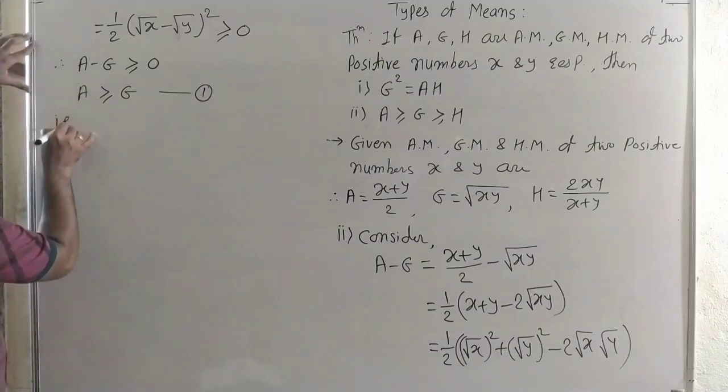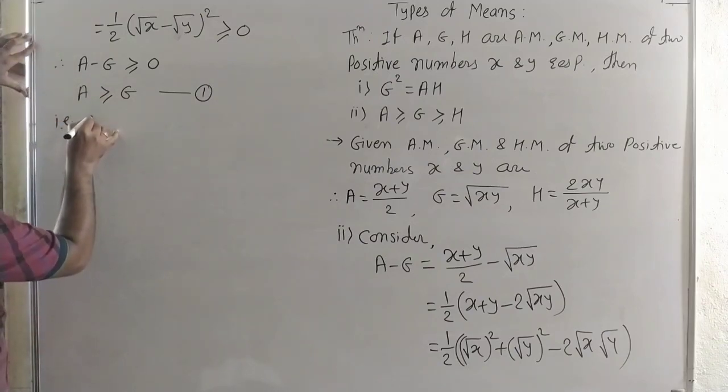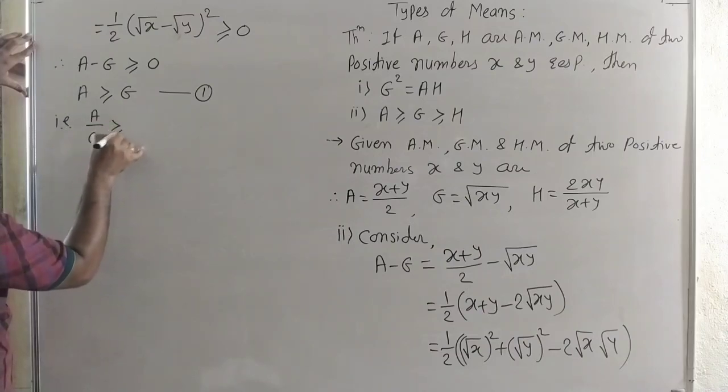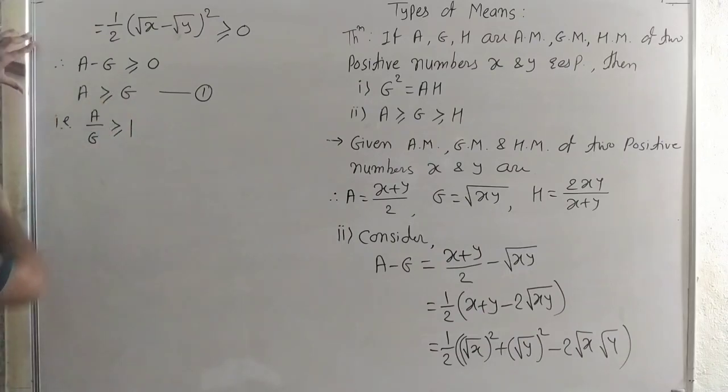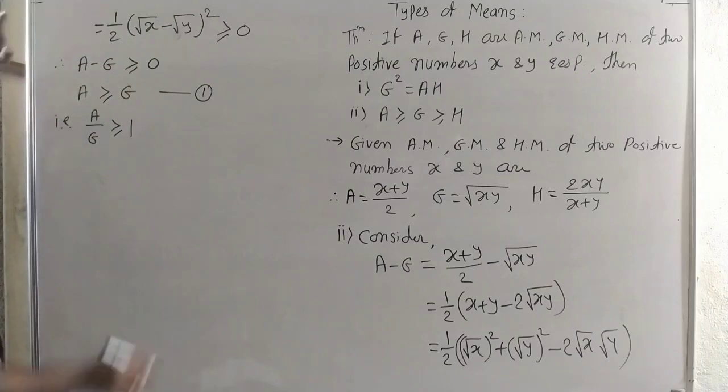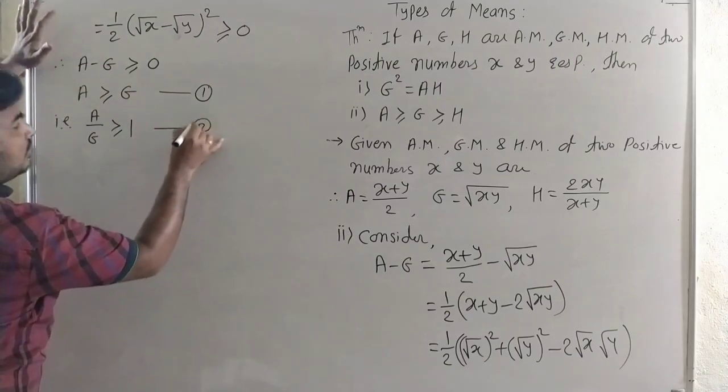That is, we can write a upon g is greater or equal to 1, dividing both sides by g. It is a upon g greater or equal to 1. This is equation number 2.